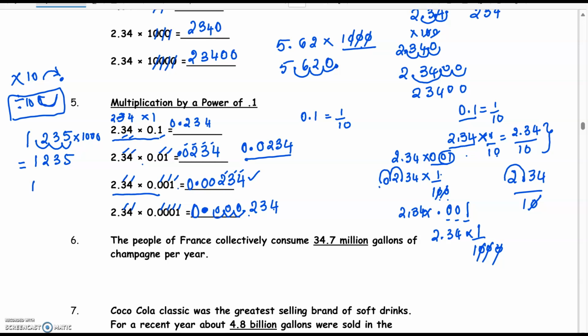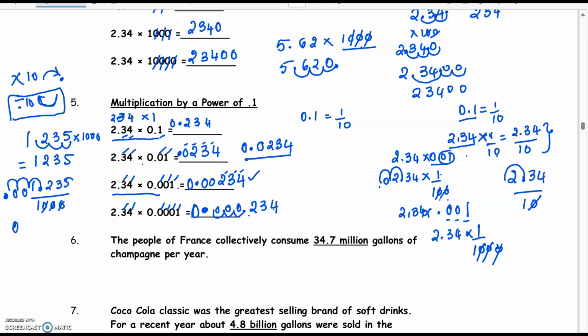Now if I take 1.235 and divide by 1000, I shift the decimal point 3 places to the left. It's the opposite of multiplication. So 1, 2, 3. So adding 2 zeros would help us shift the decimal point by 3 place values to the left.